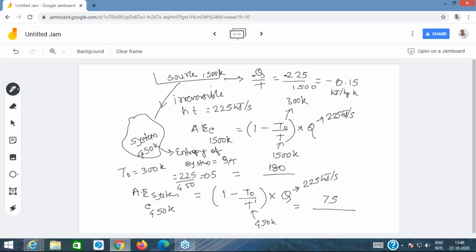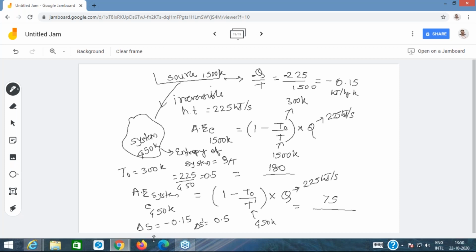So what would be the overall change of the entropy? Delta S would be minus 0.15 and delta S dash would be 0.5.